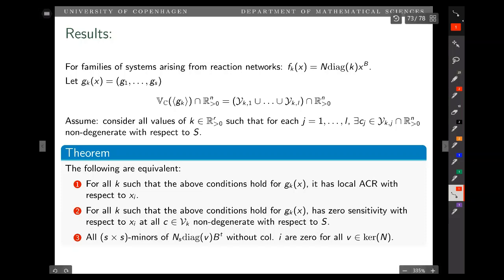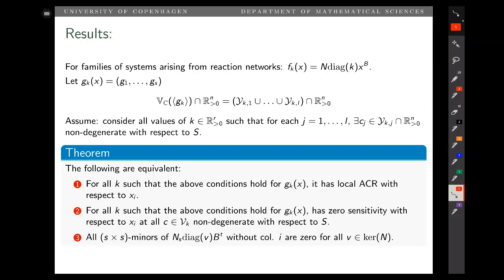Checking the drop of rank of the Jacobian when I remove the column i means just looking at all the minors which don't include the column i. So now I will look at all the minors that don't include the column i, but instead of the Jacobian matrix, I will look at this matrix. And this matrix is just taking my N matrix from the beginning, removing all the rows that I should remove so that I get only the corresponding S, because removing linearly dependent equations means just removing linearly dependent rows on N.